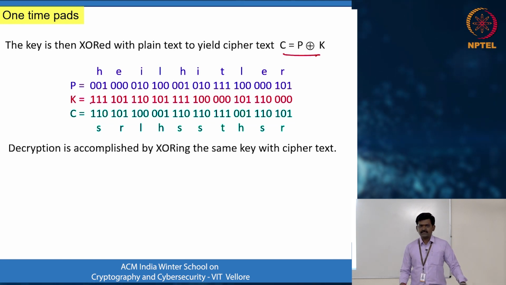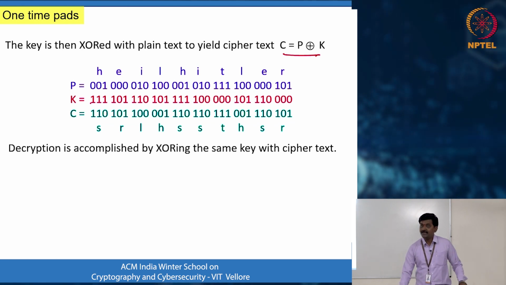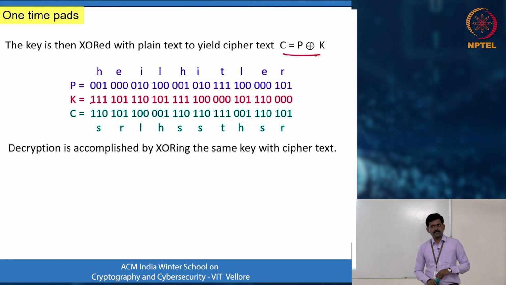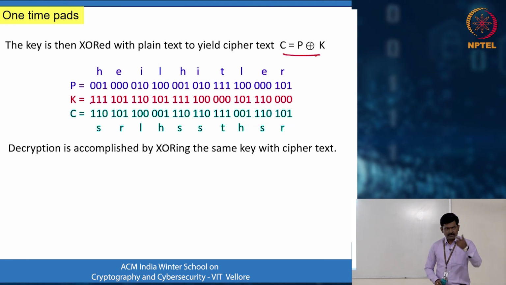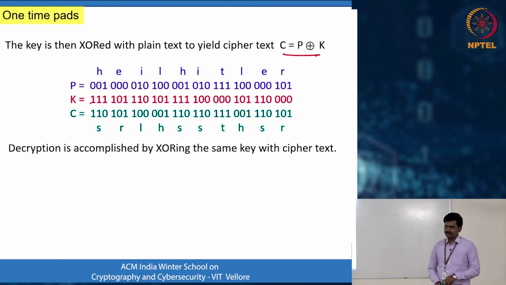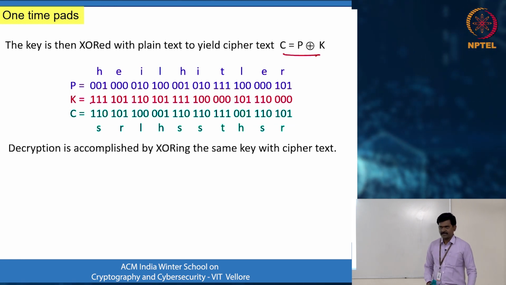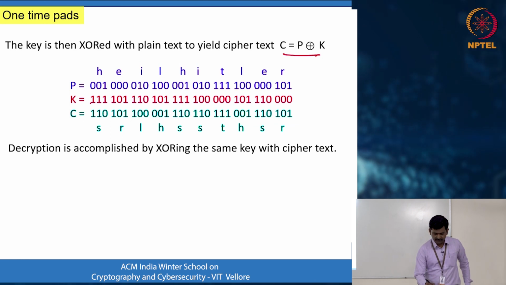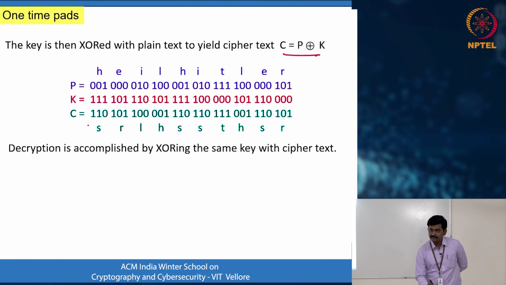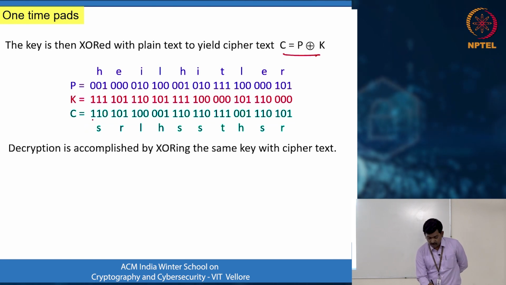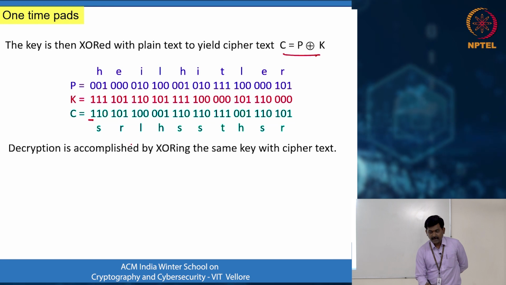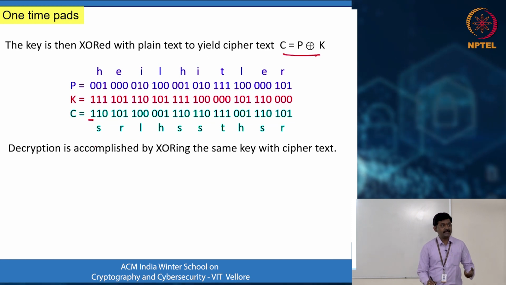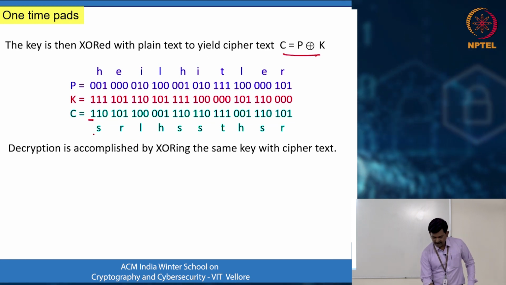Now tell me, is it a block cipher or a stream cipher? Stream cipher, because you are taking alphabet by alphabet, string by string. If you look at the bitwise operations we are performing, what is the operation? XOR operation. What is the value you got? The XOR value, 110. What is the corresponding cipher text? Is that S?